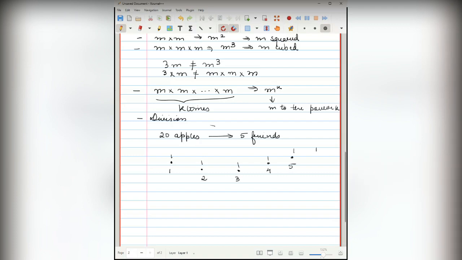Now you have 15 left. Again you give them 1 each. Now you have 10 left. You do this again and again. Now you have 5 left, and you give one each. Now you have 0 left. This means each of the 5 friends gets 4 apples each.